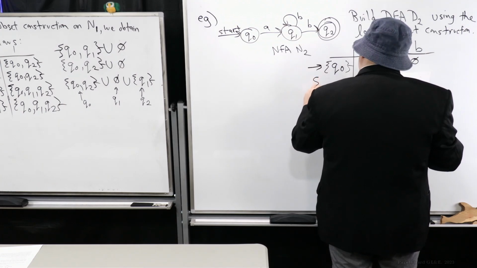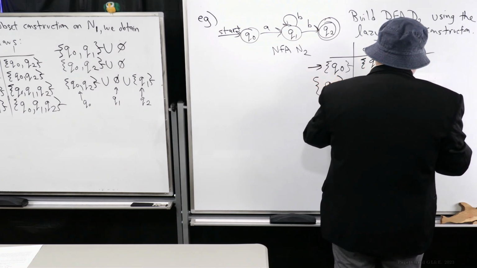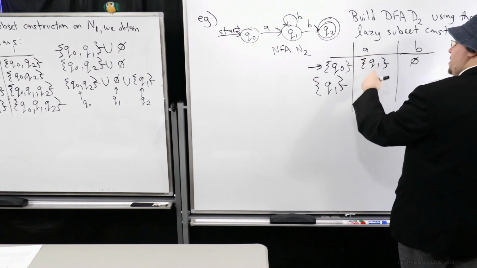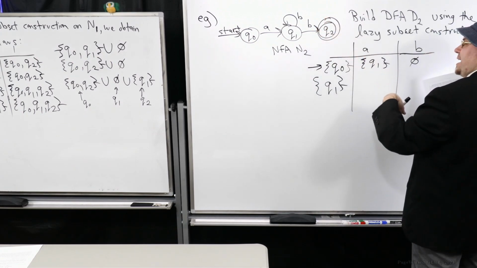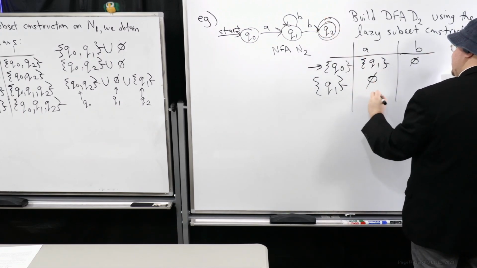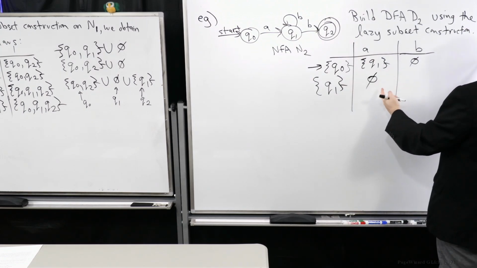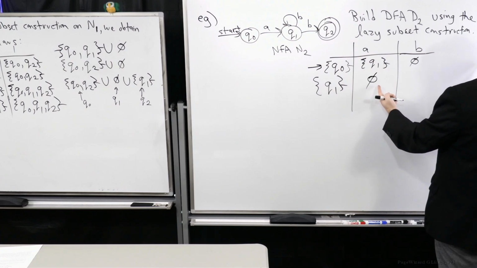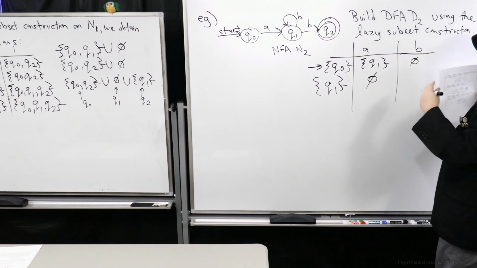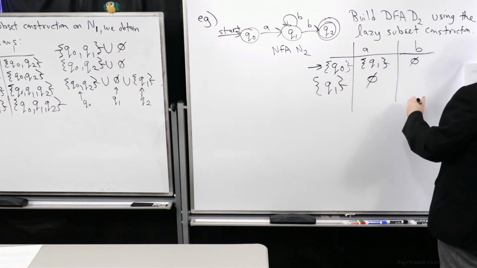Okay, so next we have Q1. Q1 on an A. Notice there's no transitions out on A. So we've encountered the empty set. We haven't yet added a row for this one, but I've already noticed it. It's already somewhere hiding around, right?